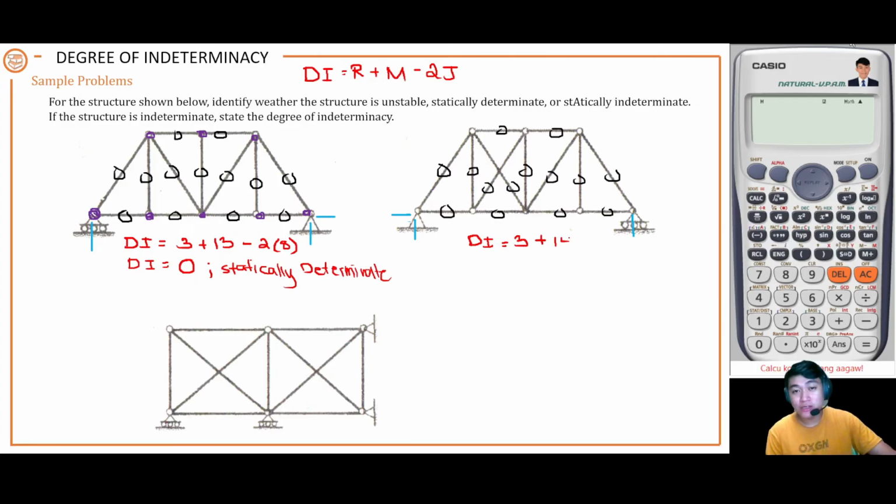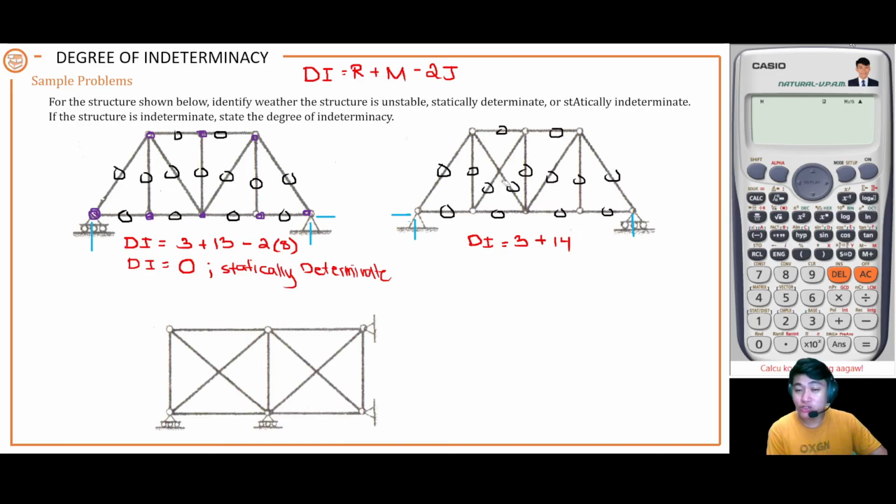Number of members. Take note, class, we only count this member as one. This one, one member and another member. We do not count this as 4 members, 1, 2, 3, 4, because we don't have any joint here. Now, a member can be classified end to end. A member should have a joint end to end. So, therefore, isang member lang to, class.